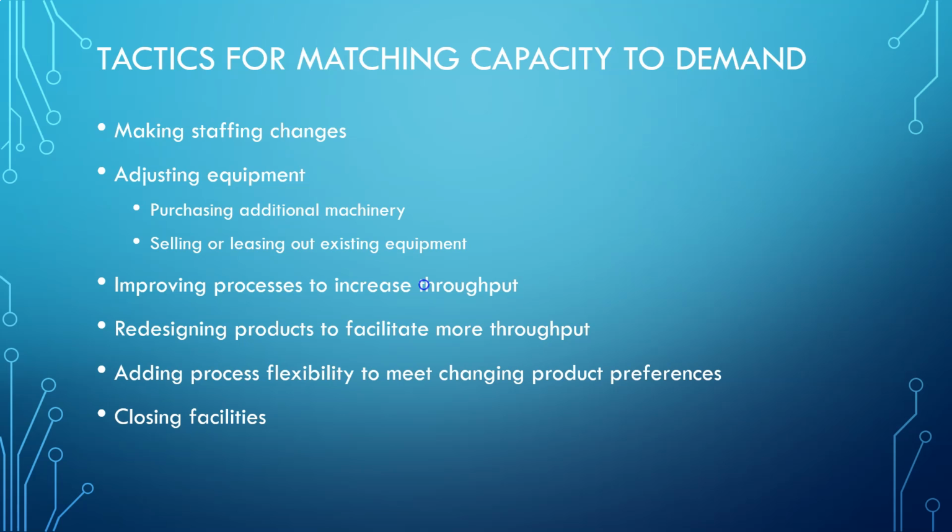So again, we need to make sure that we are matching capacity to demand. To do that, we can bring more people and maybe more equipment, maybe increase the number of production lines. If we have one line, we can double it. We can make 2 production lines or 3 production lines. It depends on the demand.